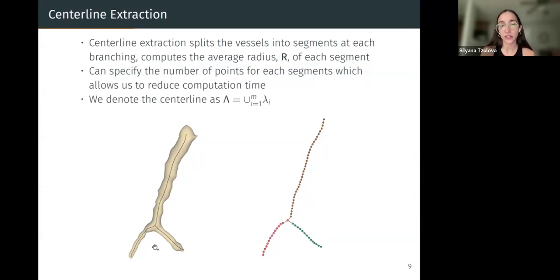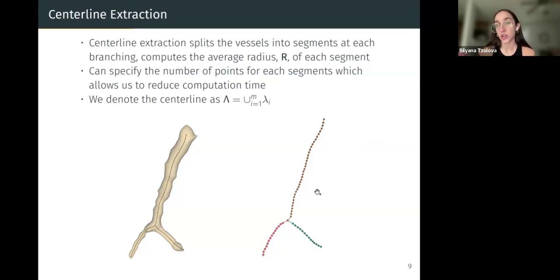We're going to use this later in our model, but it's important for us to have the average radius for each branch, because naturally we expect more blood flow through a thicker segment than through the thinner one. We can also specify the number of points that make up the center line of our segment.